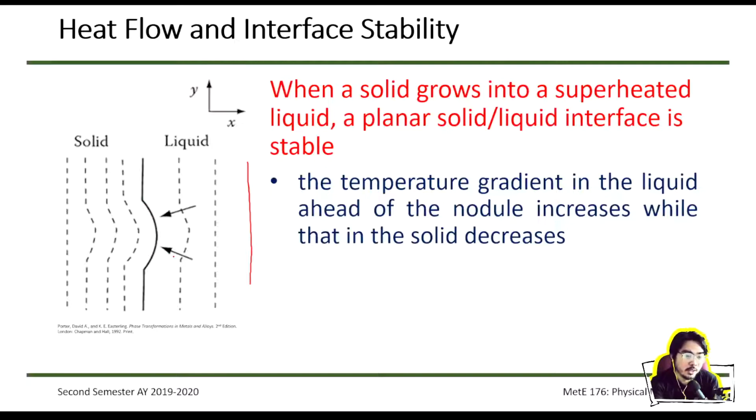Because heat is being pumped into this protrusion right here. Tapos posible na this is already a solid, kunwari at a temperature lower than T melting. Pero since heat is flowing inside, pwedeng mag-raise yung temperature and eventually mawawala yung protrusion na to, no?